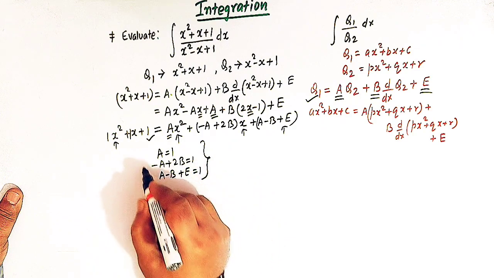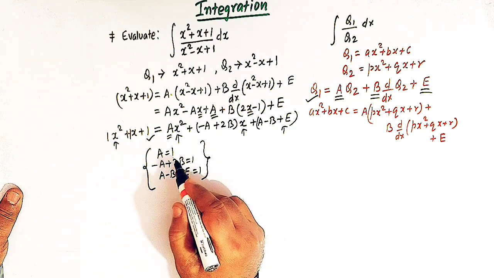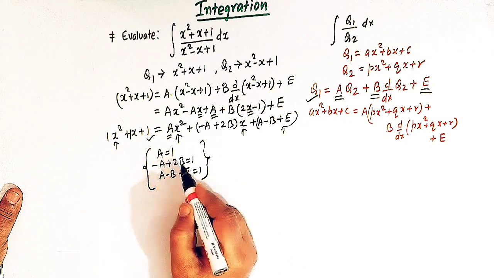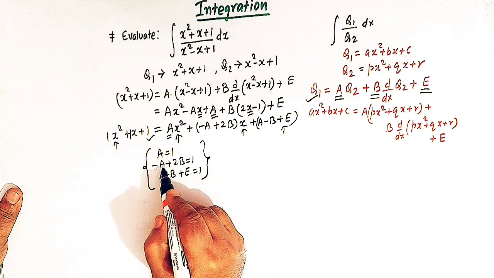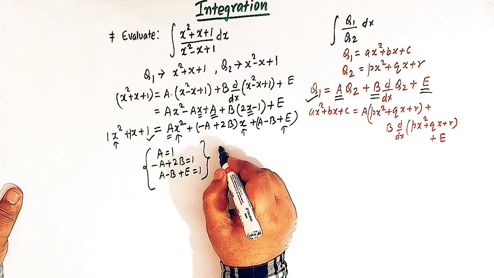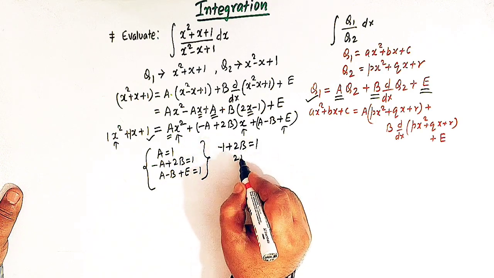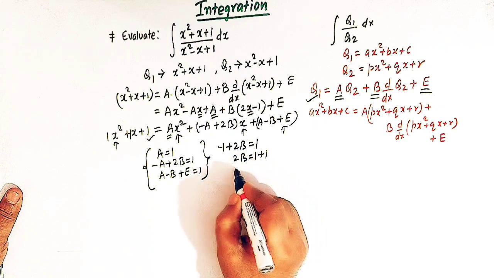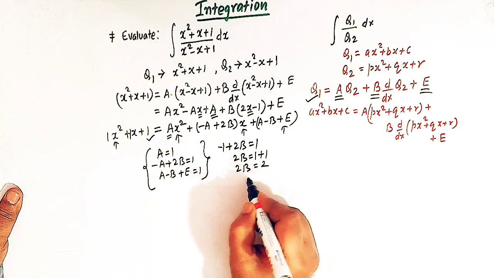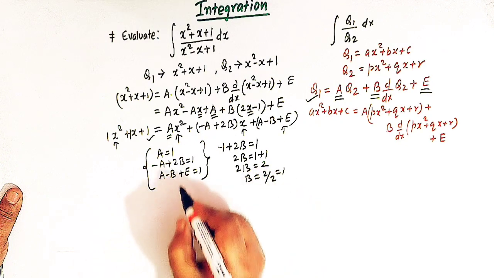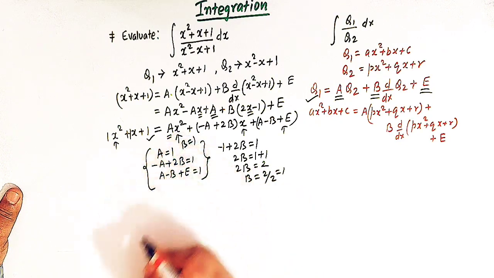So now we have three equations and three variables. Here a is 1. Taking a equal to 1 in the second equation, we have minus 1 plus 2b is equal to 1. So 2b is 1 plus 1, 2b is 2, so b is 2 over 2, that is 1. So the value of b is 1.